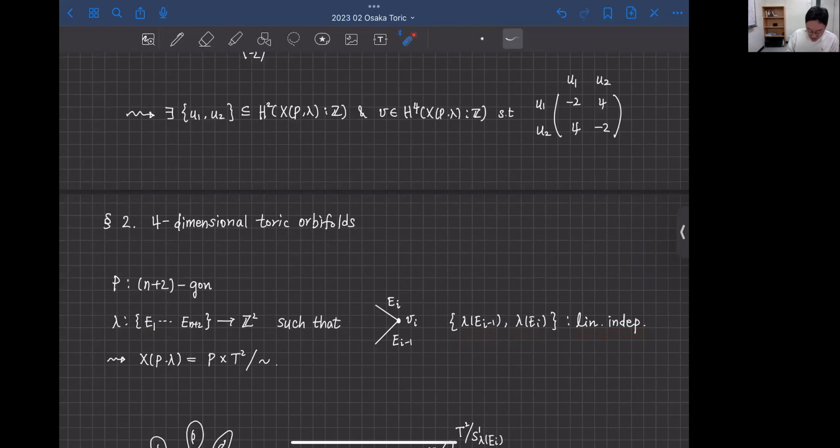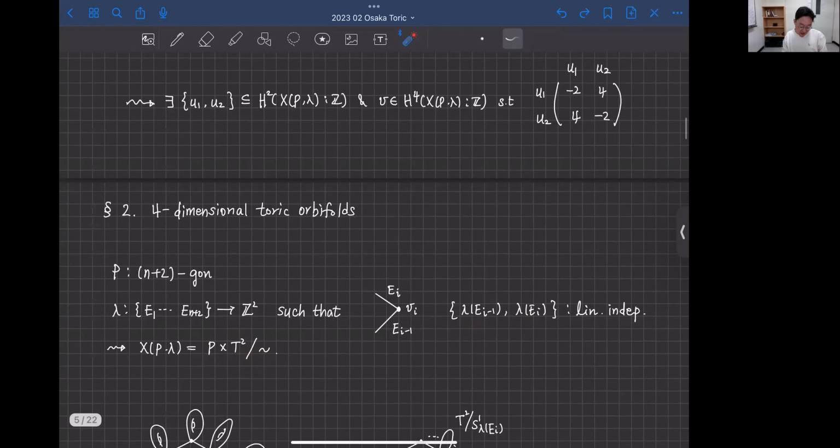Okay, so my toric orbifold can be constructed as the quotient space of the Cartesian product P times T2 modulo an equivalence relation.